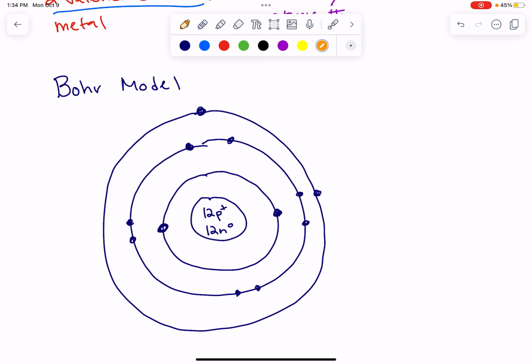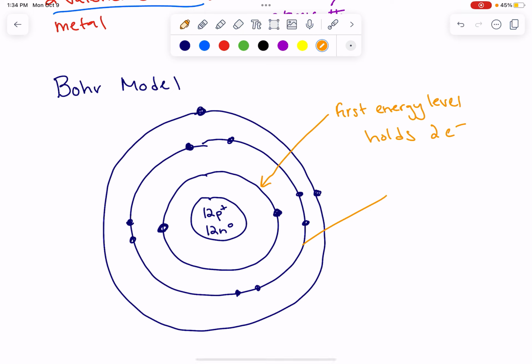And I'm going to make a note over here that our first energy level holds 2 electrons, and that the other energy levels hold 8.